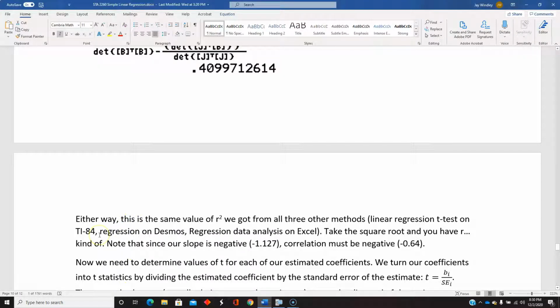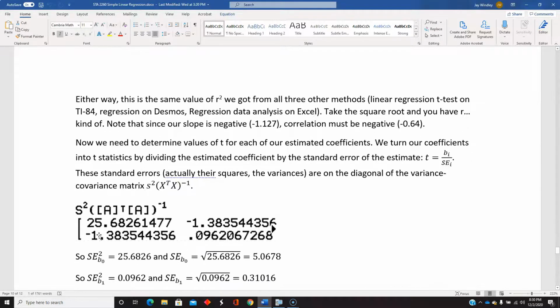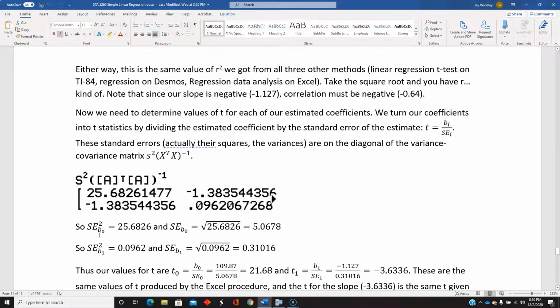And then I'm not going to get too much into this next part, but you can also get the values of t from the matrices. So the A transpose A inverse matrix, when it's multiplied by S squared, so let's do that.